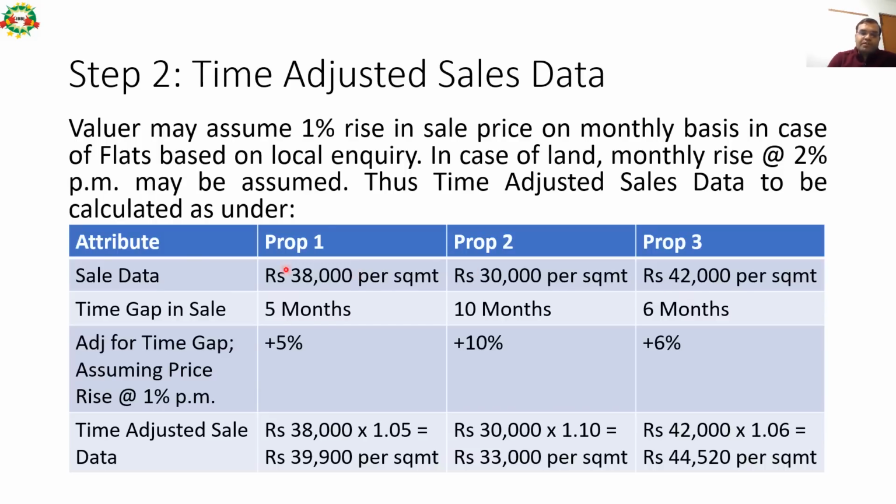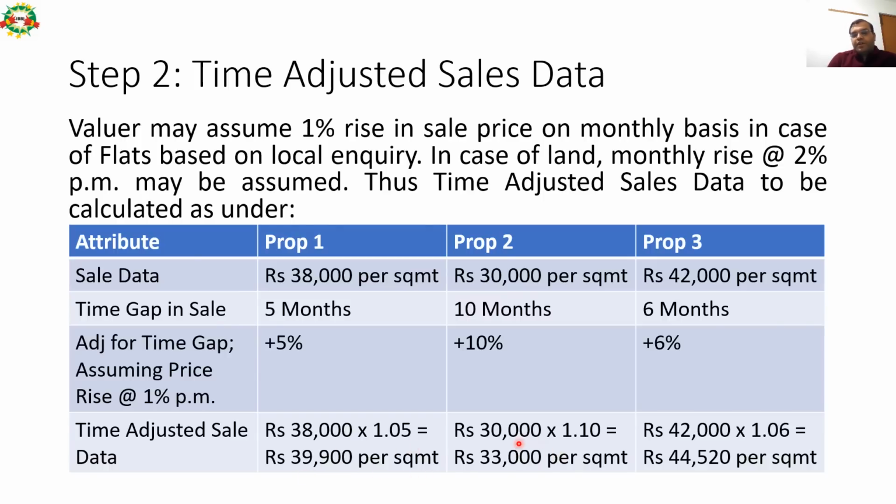First of all, we have to adjust these rates with respect to time. The first property was sold 5 months back, so let us assume a 1% per month rise. The time adjusted sale price will be 38,000 into 1.05, a 5% capital appreciation for 5 months, so it will be 39,900 per square meter.